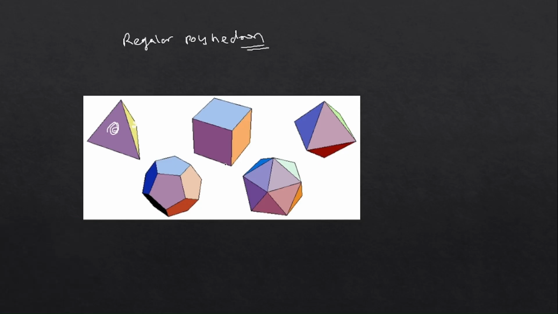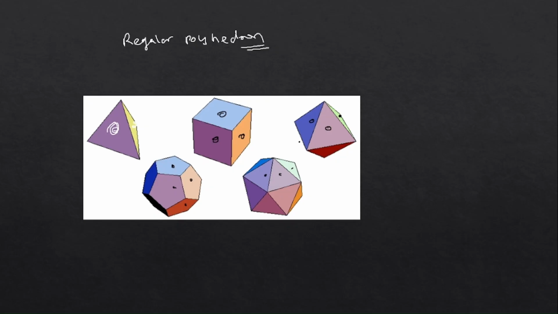Now take the example of this cuboid. This is a regular polygon, regular polygon, regular polygon. So every face will be a regular polygon. So this is called a regular polyhedron.